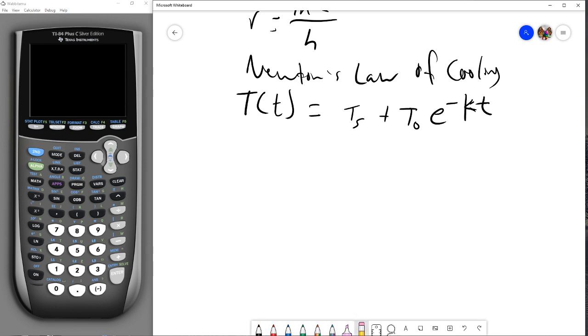That's the k. We want to think of that k as a net exponent. So Ts was the temperature of the surrounding environment.